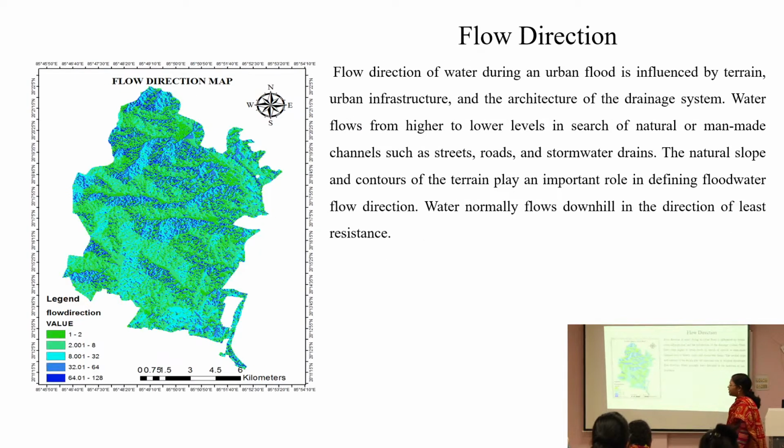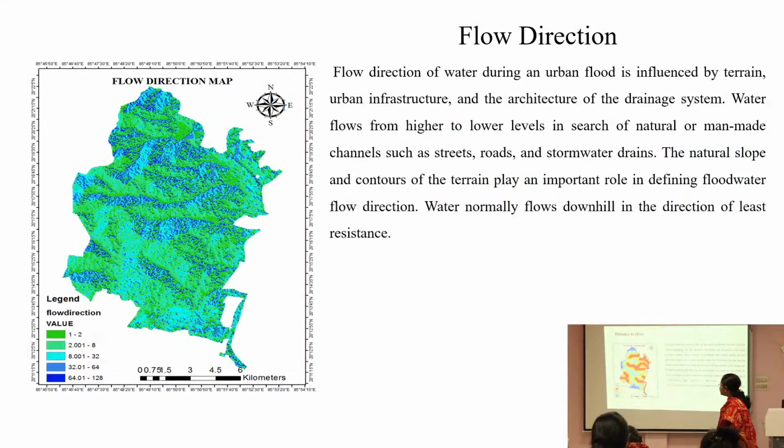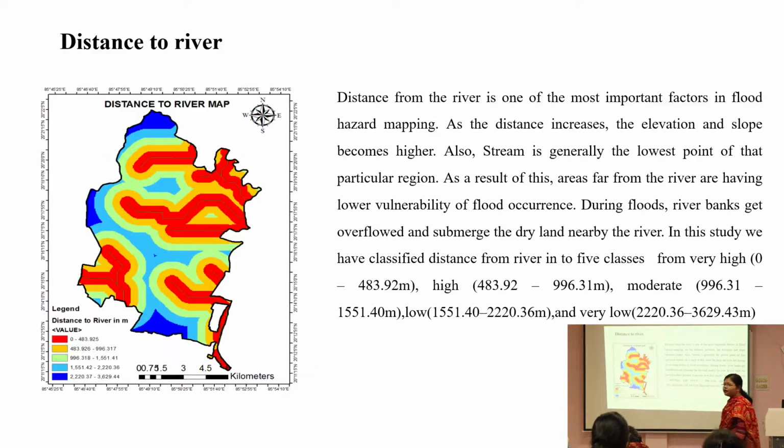Next is the flow direction. Flow direction also we can derive from the elevation map, DEM. Then distance to river. So, if you have the river, if you see the drain, how much distance it is from the river, that also we can derive.